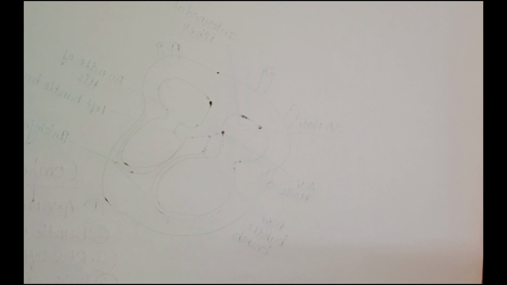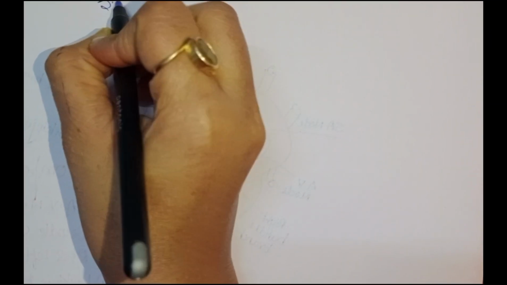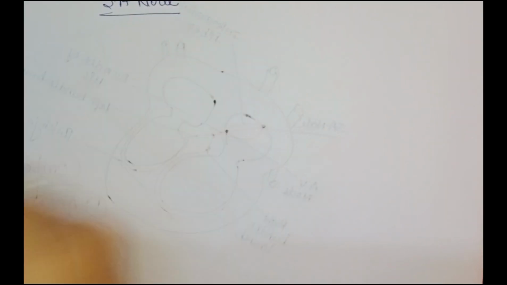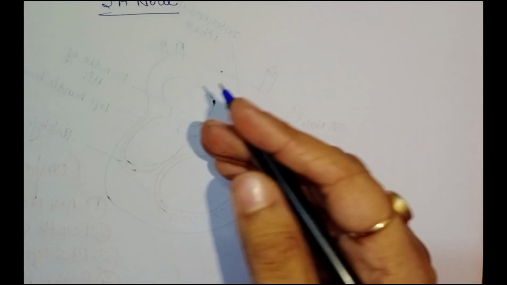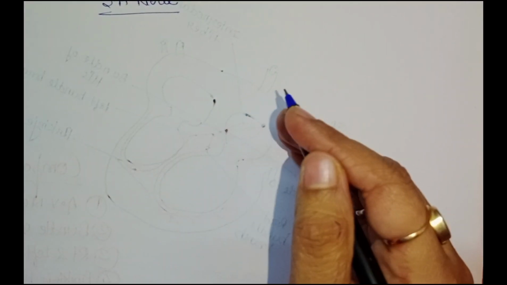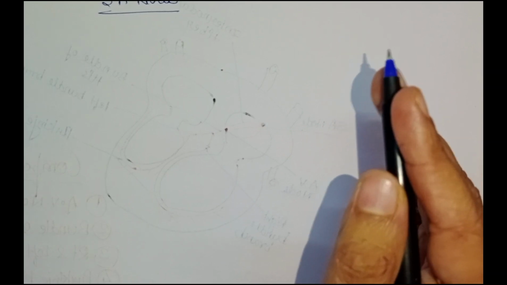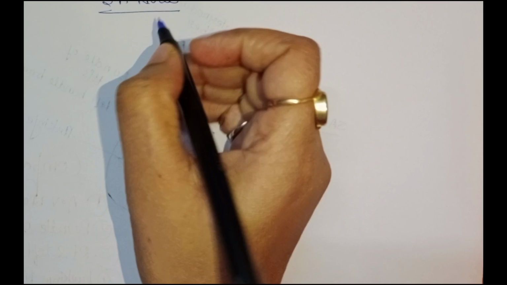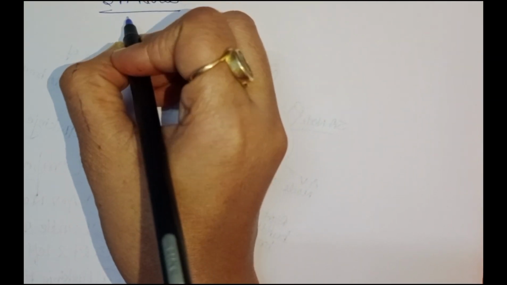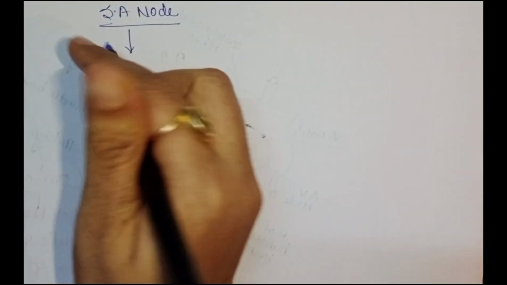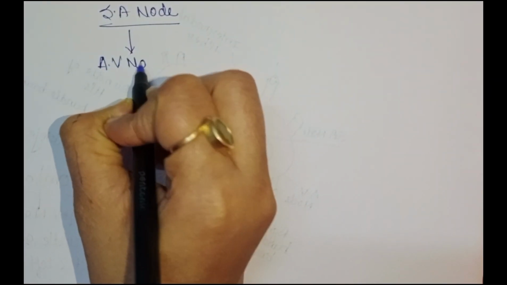Starting with SA node. As we have already seen, SA node is the pacemaker situated in the right atrium just below the opening of superior vena cava, from where the impulse is generated. Impulse is generated. Now it passes to AV node.